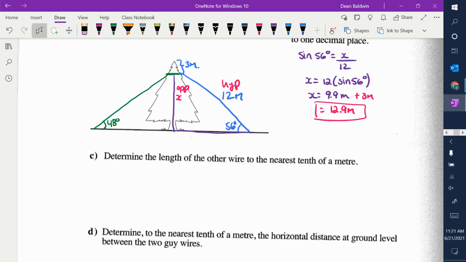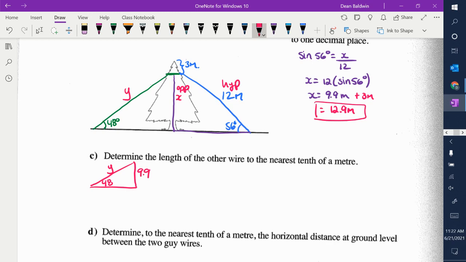Part C. Determine the length of the other wire. So I want to know that. So we're going to use the other half of the triangle, which I'm going to redraw here. I know this is 9.9. I know that's 48.